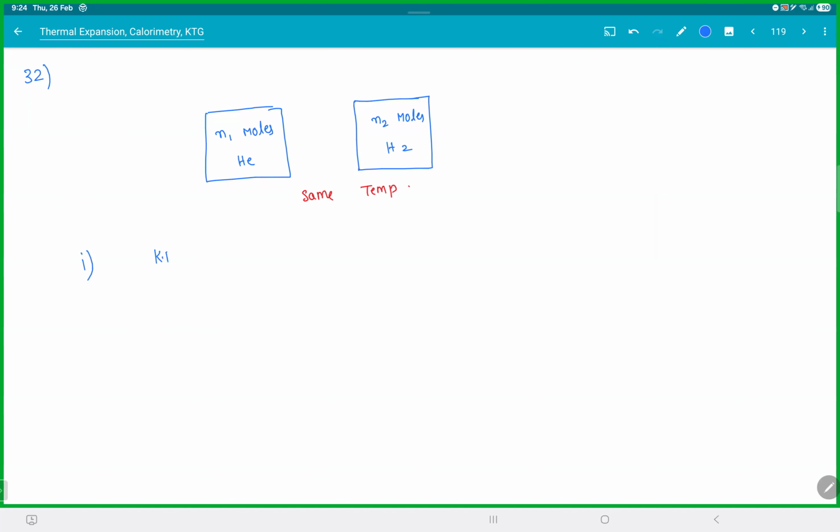Find the ratio of kinetic energy of the helium gas by kinetic energy of the hydrogen gas. Find the ratio of kinetic energy of the helium molecule to the kinetic energy of the hydrogen molecule.